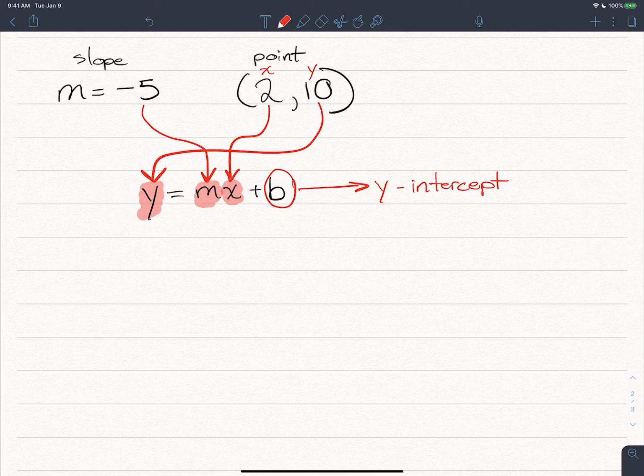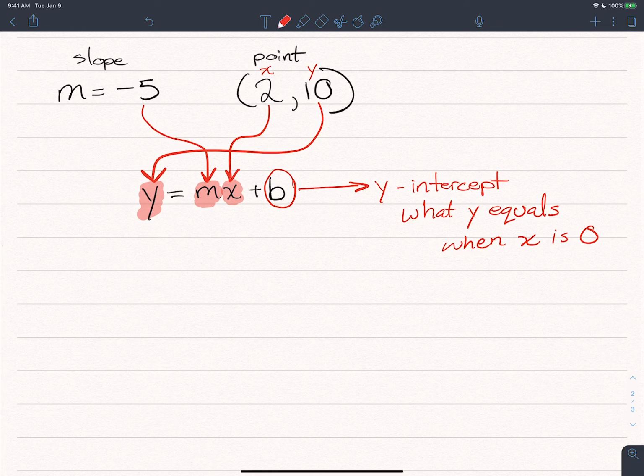B is the y-intercept, or what y equals when x is 0. So we need to know the y-intercept to be able to write the equation of a line.